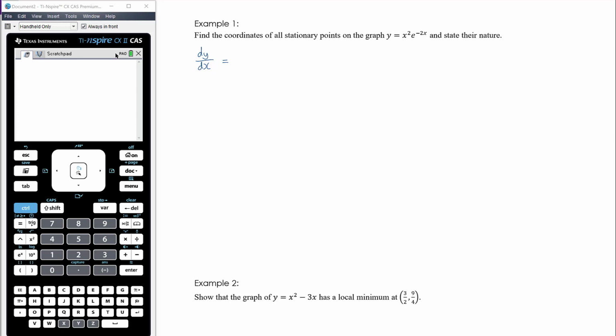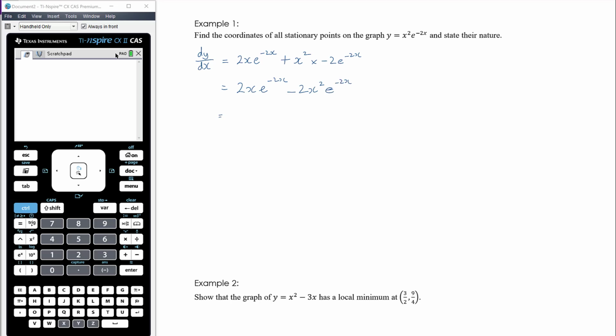So derivative of x squared is 2x times e to the negative 2x, and then plus, leave the x squared as it is. Derivative of e to the negative 2x is negative 2e to the negative 2x. Okay, so we've got 2x e to the negative 2x minus 2x squared e to the negative 2x.